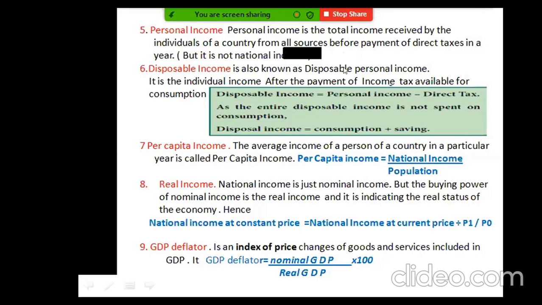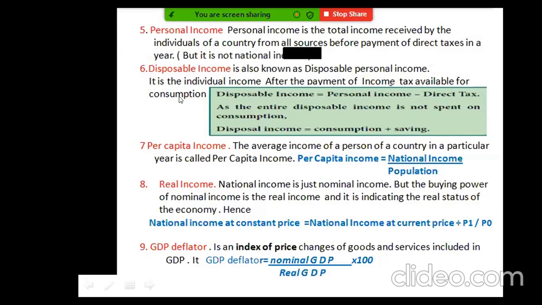So next is the disposable income, also known as disposable personal income. It is the individual income after the payment of income tax, available for consumption.